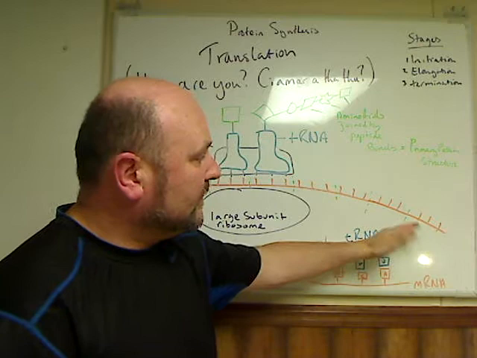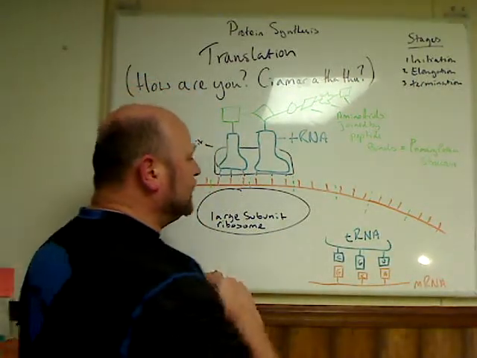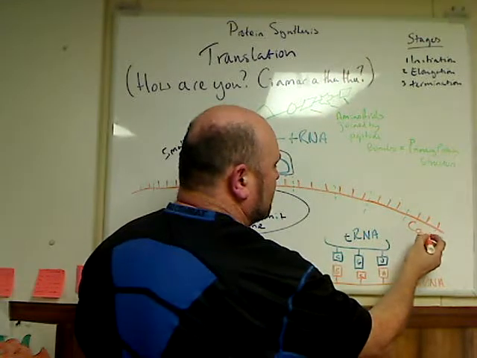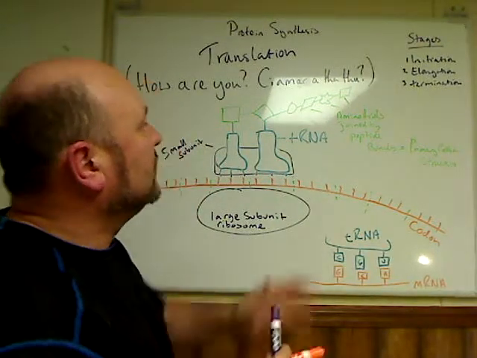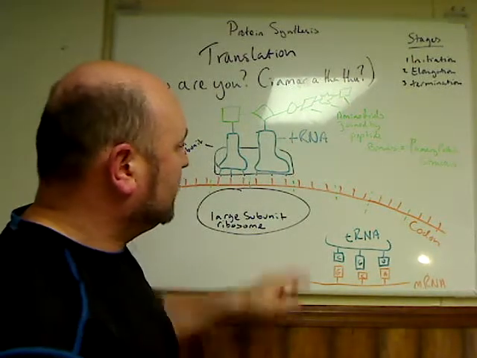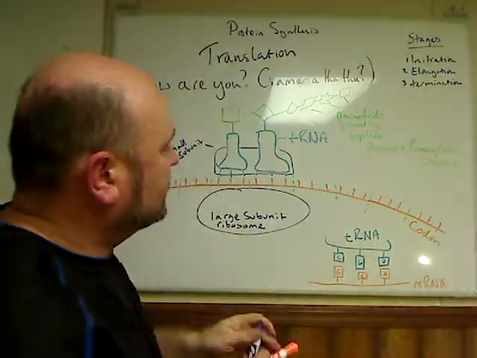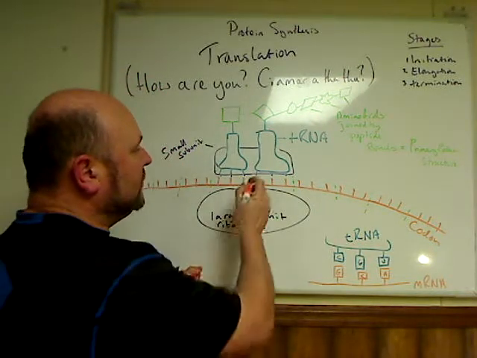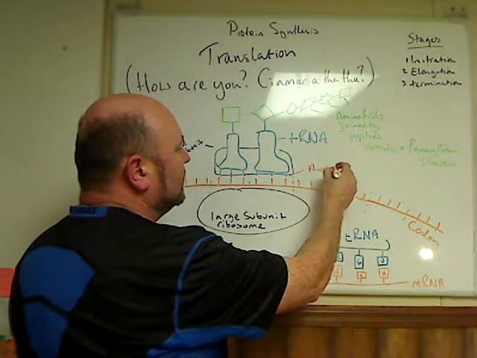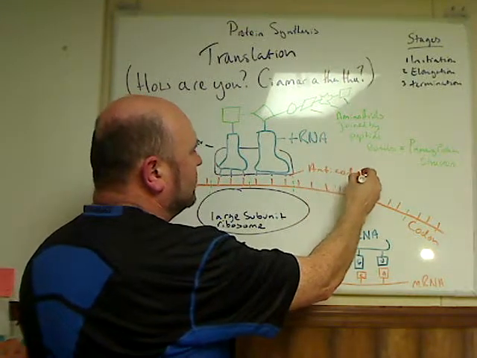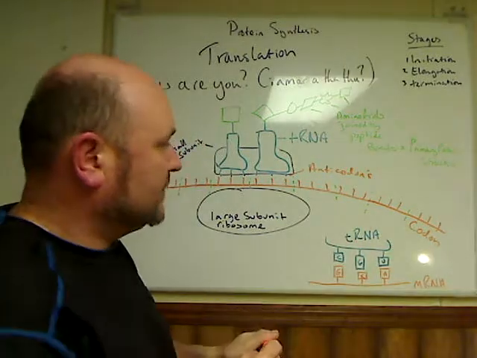So we have each 3, and these 3s we refer to as codons, because they code for 1 amino acid. Each of these codons are matched by 3 on the tRNA, which are anticodons, because they're complementary.